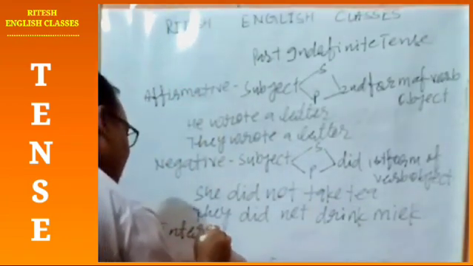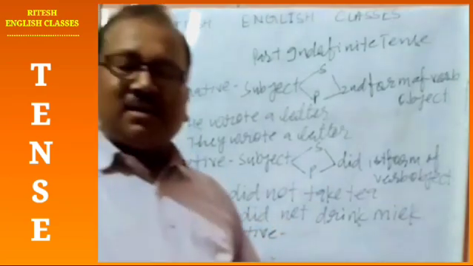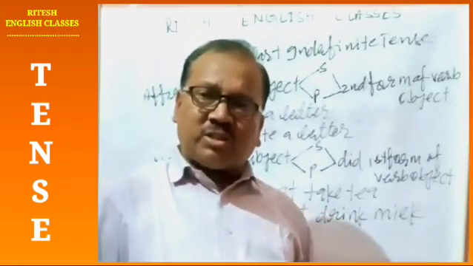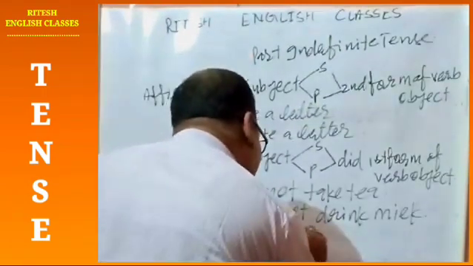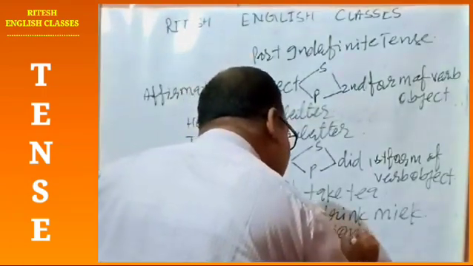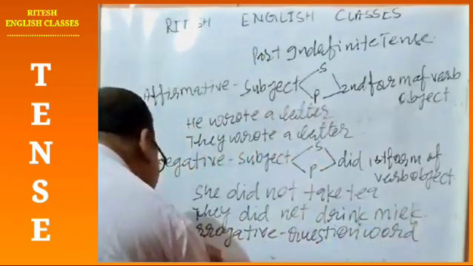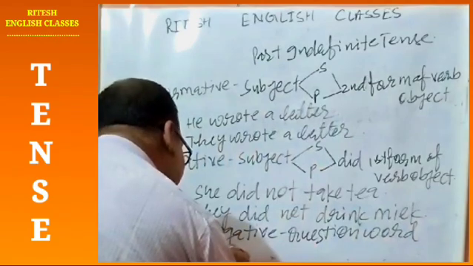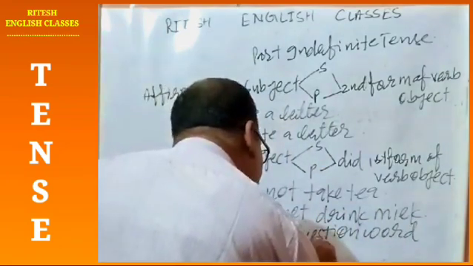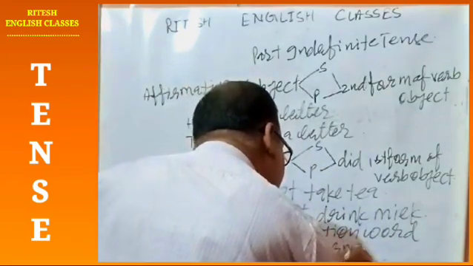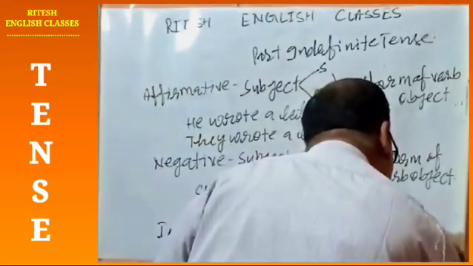In interrogative, first of all we start any interrogative sentence with a question word or helping word. So here will be the question word, after that did, again subject, first form of verb, and after that object.